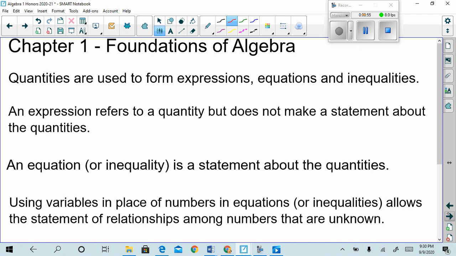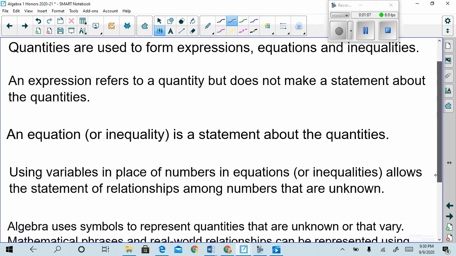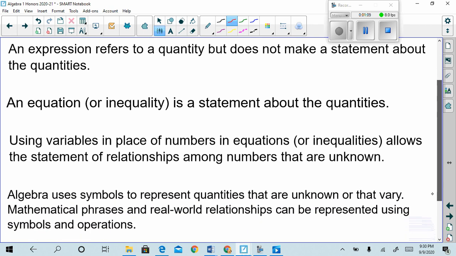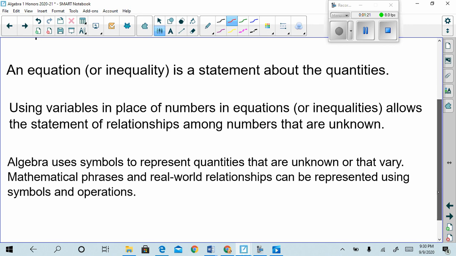We use variables in place of numbers in equations and inequalities, and this allows the statement of the relationships among numbers that are unknown, which helps with solving word problems. Algebra uses symbols to represent quantities that are unknown or that can vary. And mathematical phrases and real-world relationships can be represented using these symbols and operations.